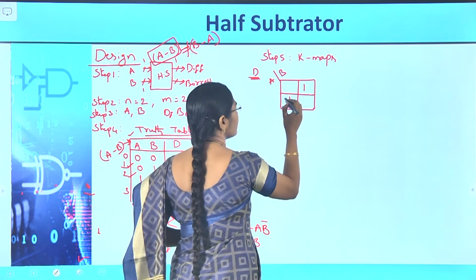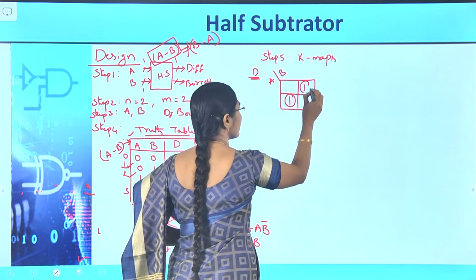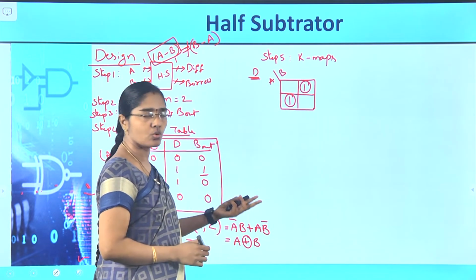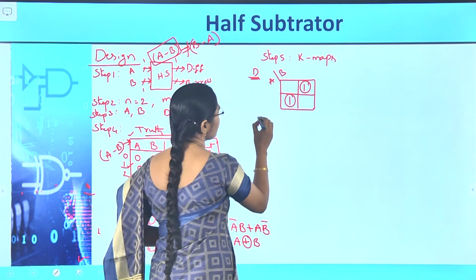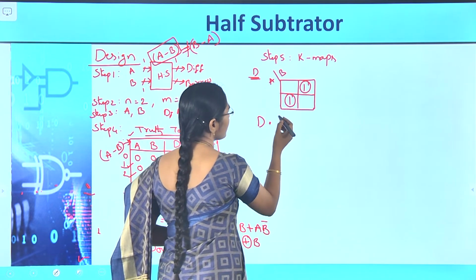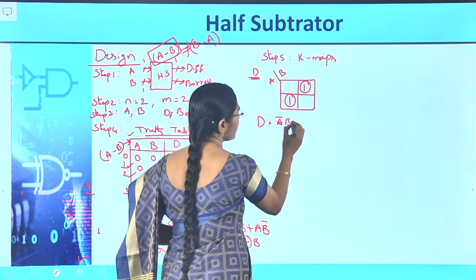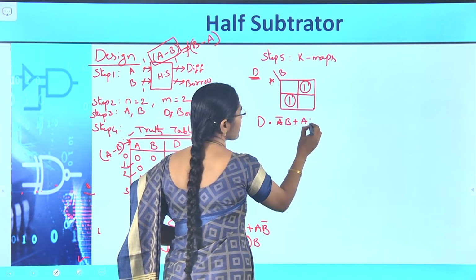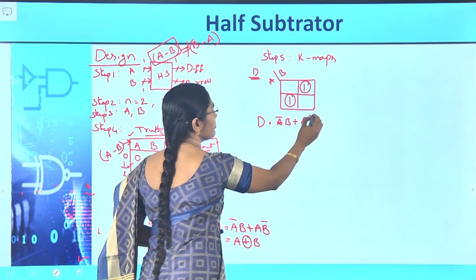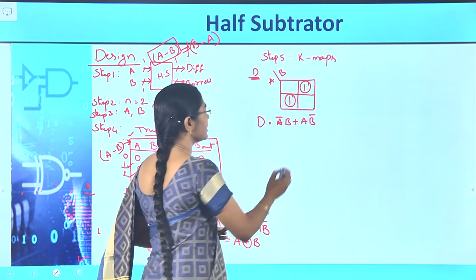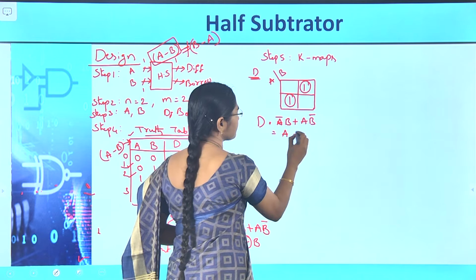These two ones are placed and cannot be grouped, so two different minterms still exist. So difference is equal to minterm 1, A bar B, plus minterm 2, A B bar, that is simply A XOR B.